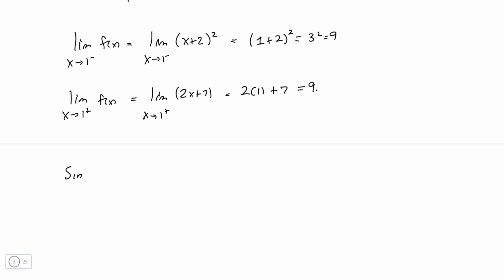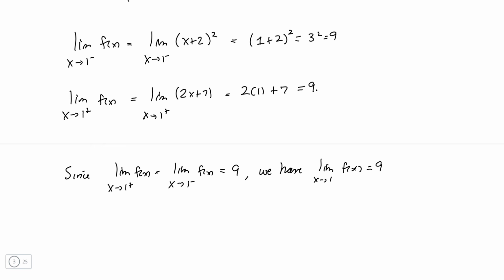So since the limit as x goes to 1 from the right of f of x is the same as the limit as x goes to 1 from the left, and this is 9, we have the limit as x goes to 1 overall exists, and it's equal to that common limit.